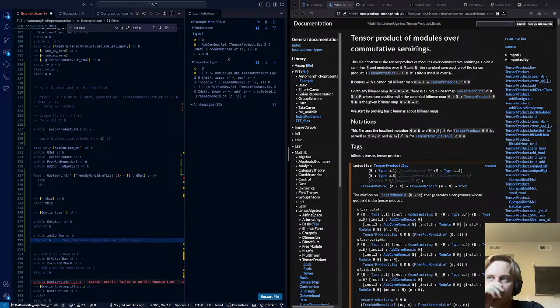Sort of thinking contrapositively here. Right, so it's an inductively defined relation. How do you prove that an inductively defined relation is not true? You have to use the induction principle somehow.